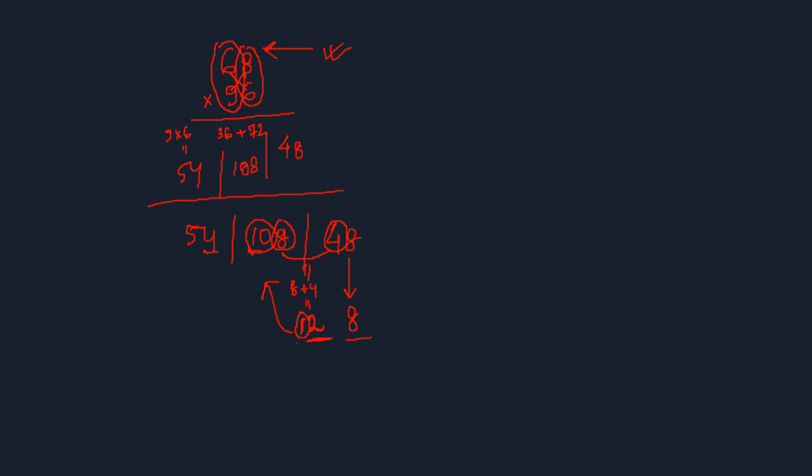So the next operation is we will consider 4 as one entity and 10 as one entity and we will add them both. The addition of 4 and 10 will give us 14. However, do not forget that we also have a 1 as a carryover from here. So 14 and 1 carryover will give us 15.